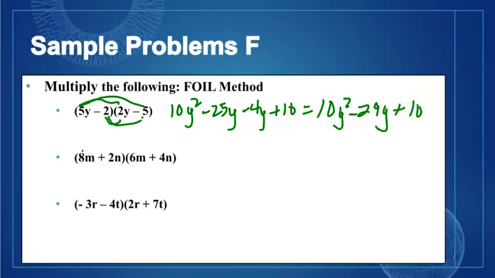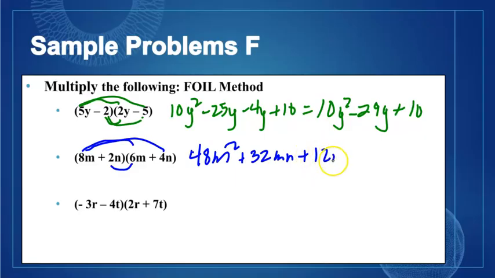This next one, distribute the 8m. That's going to give us 48m squared plus 32mn. 2 times 6 is a positive 12mn. And then 2n times 4n is a positive 8n squared.